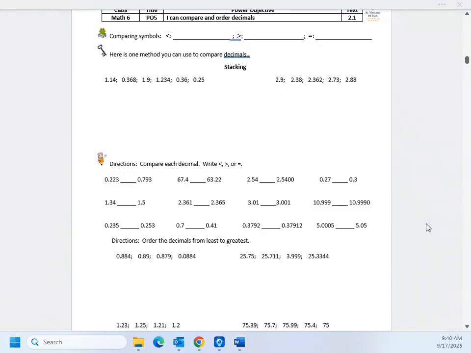Oh, I don't know if this is going to write. My board is not wanting to write. Let's see if I can fix it. As you know, nothing's ever easy.